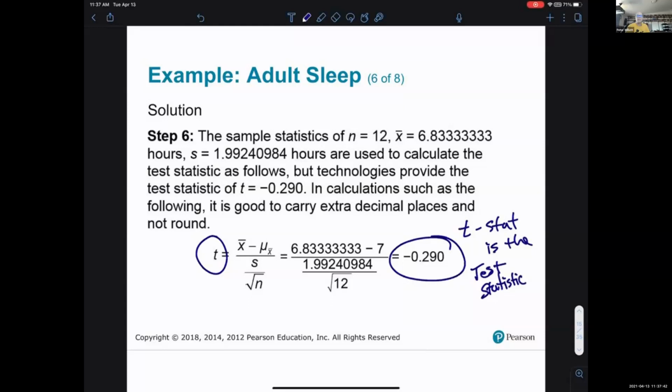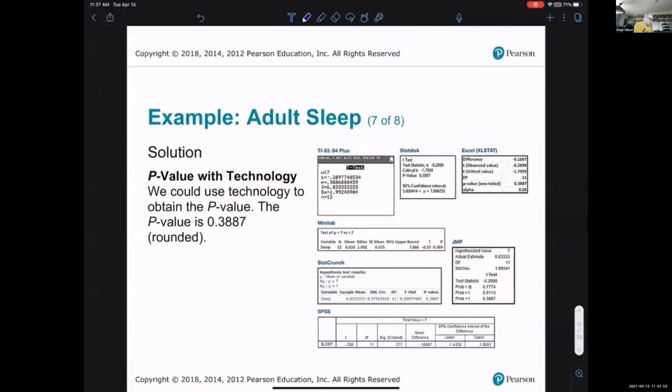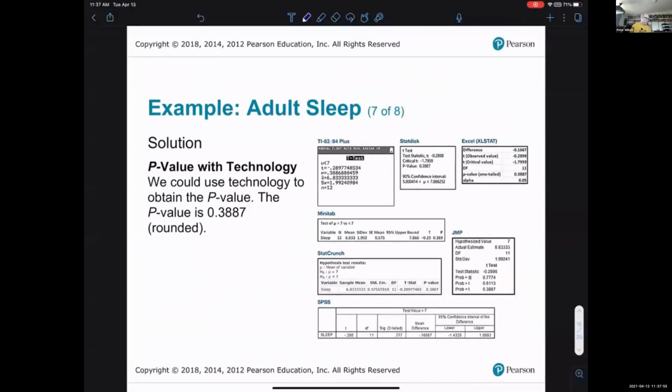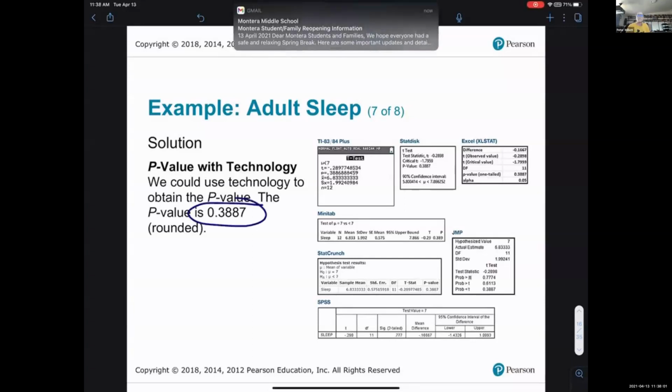And that's provided by StatCrunch. But as they provide the test statistic, the t-stat, they'll also give us a p-value, which we can compare to alpha. So they're showing different types of technology and saying if you're going to use technology, it should give you a p-value. It would also give us the test statistic as well.